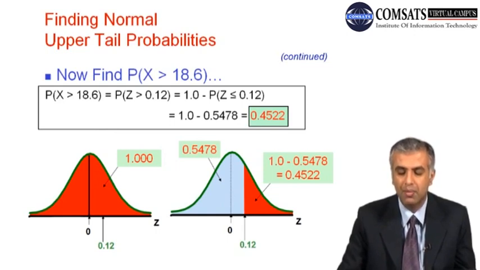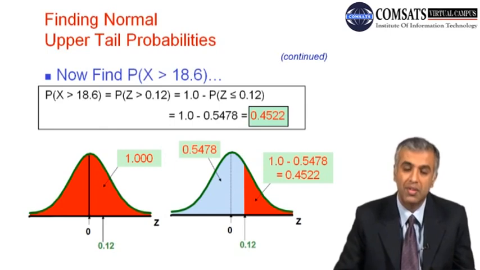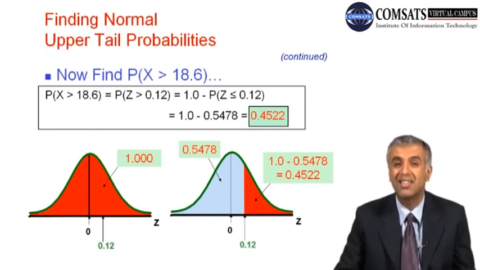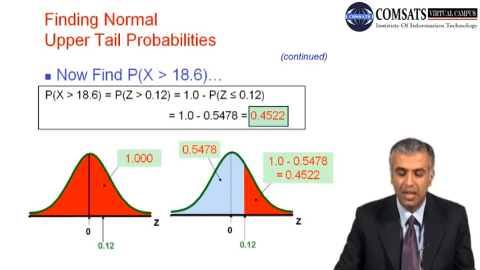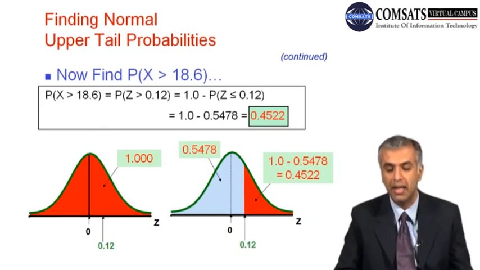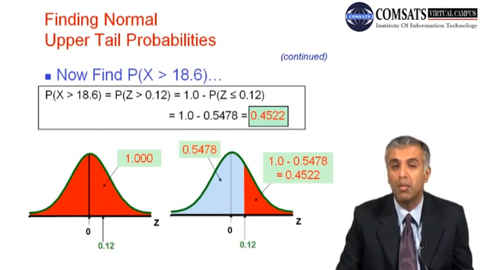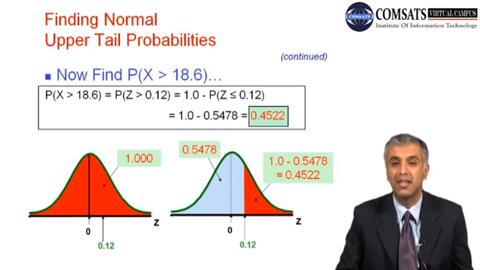So if 0.12 is the probability of a certain region, then we calculate the opposite region's probability, and by subtracting the relevant values we are able to calculate the required probability value, which is vital here. So this is how we find the probability of various values occurring in a certain range. I hope you understand this.